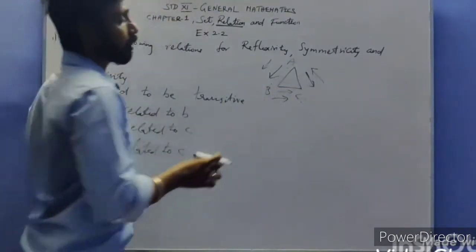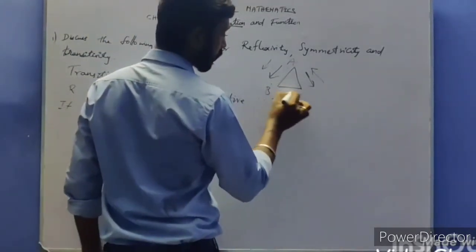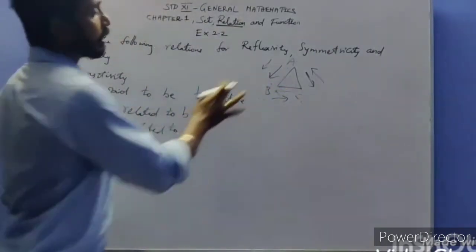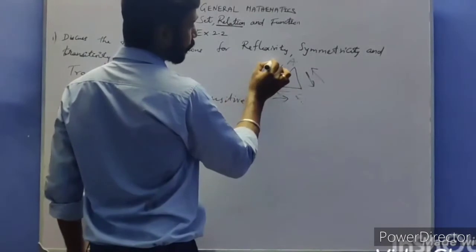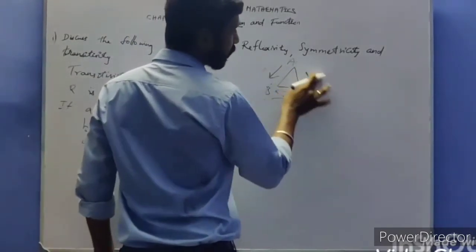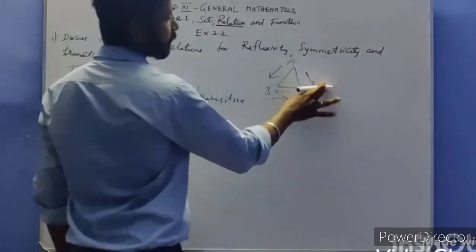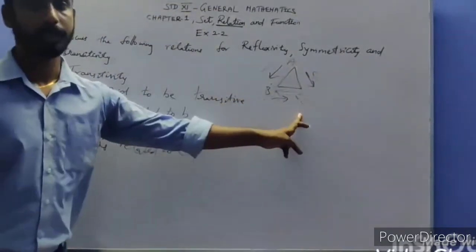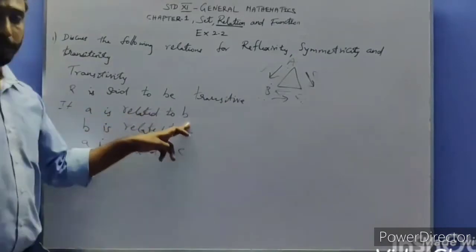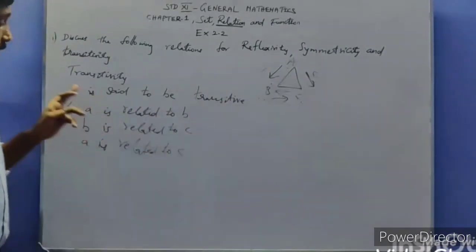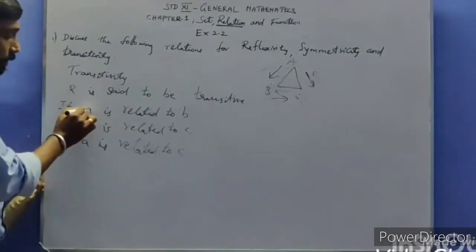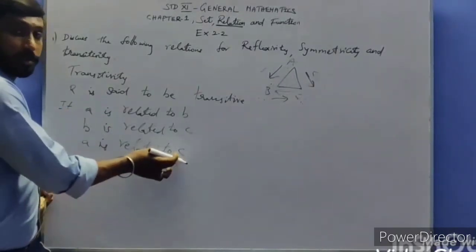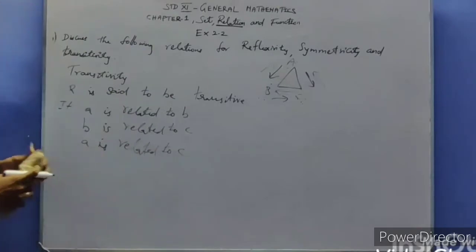Whatever method you want to relate here, it will be useful for you. This is what is meant by transitivity. One third person will be entered here. A is related to B, B is related to C, then A, the first person, is related to the third person. It is called transitivity.